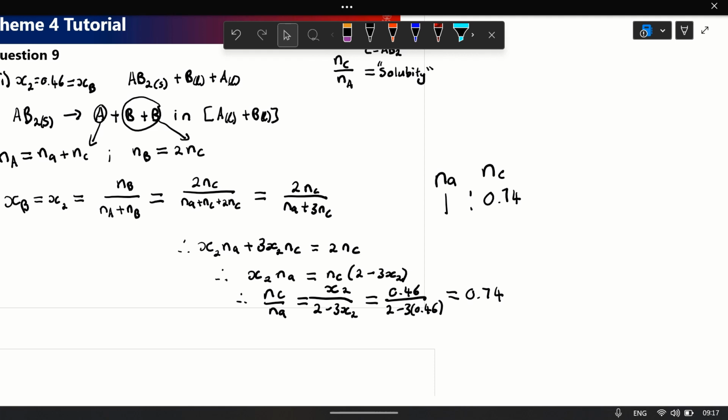So in other words, for every 1 mole of A that dissolves in B, there's 0.74 moles of AB2 that dissolves in B, which is essentially what we've gotten. So I hope you followed this argument.